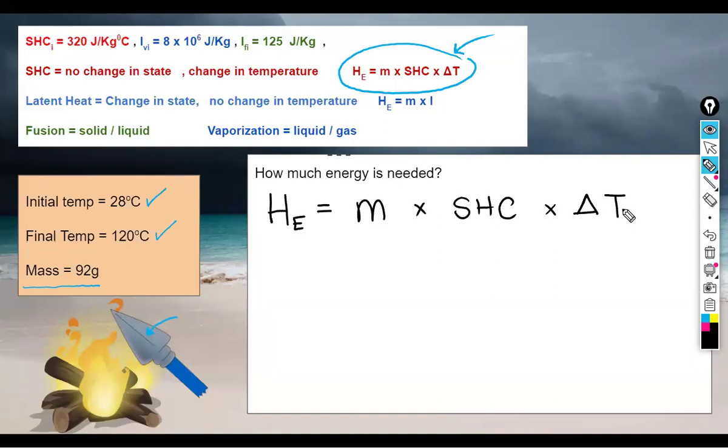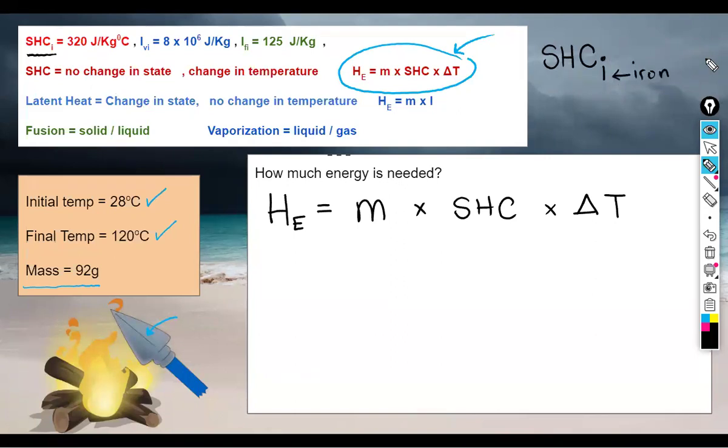Great. So if you look at the top of the question, they gave you this SHC. So we're paying attention to the specific heat capacity. Now I know you can't see it there, but at the top of the question, they wrote SHC. That stands for specific heat capacity, and they have the letter I. The letter I stands for the substance.